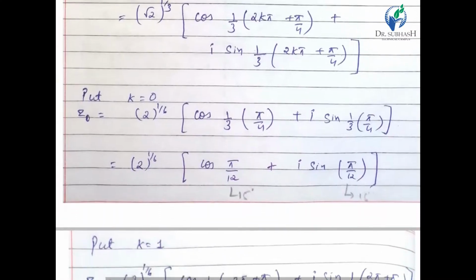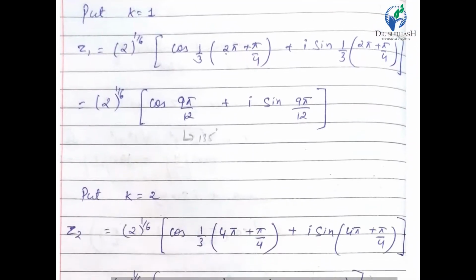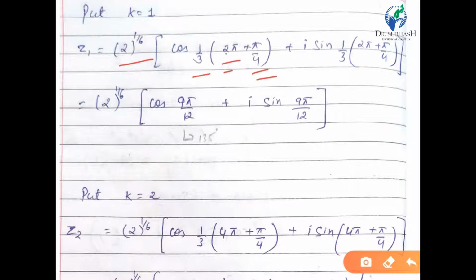Now we put k equal to 1 in that equation. After putting k equal to 1, we get 2 raised to 1 by 6, which stays as it is in the whole example, times cos 1 by 3 of (2 pi plus pi by 4) plus i sine 1 by 3 of (2 pi plus pi by 4).